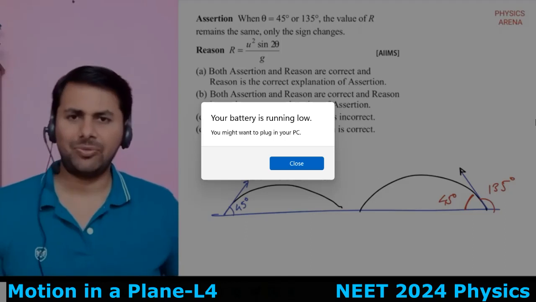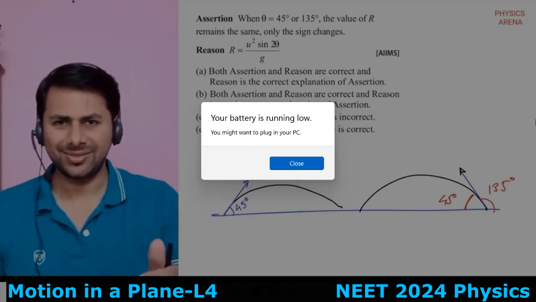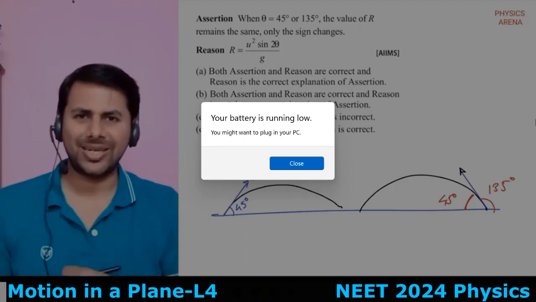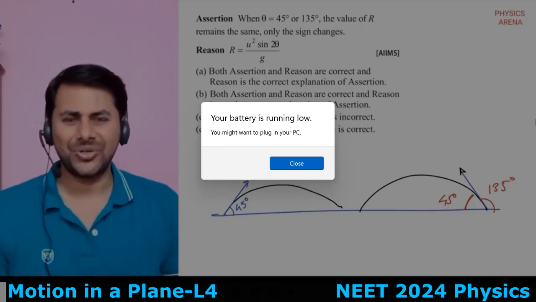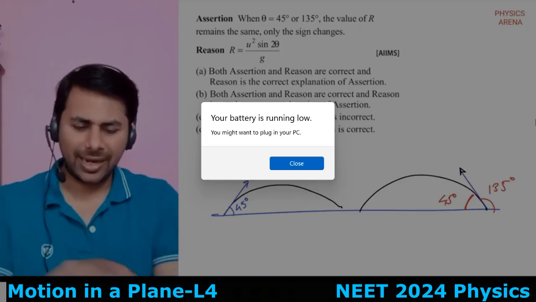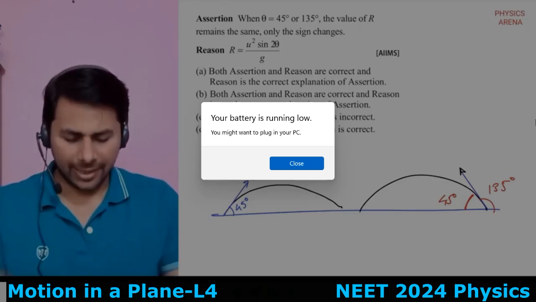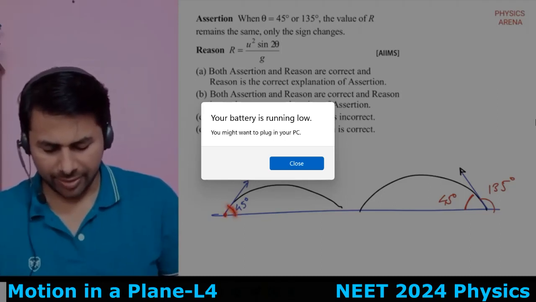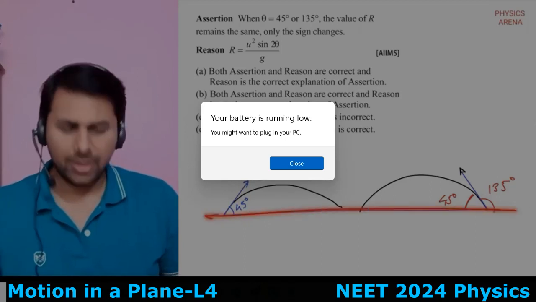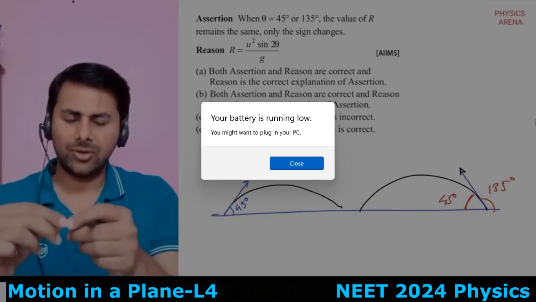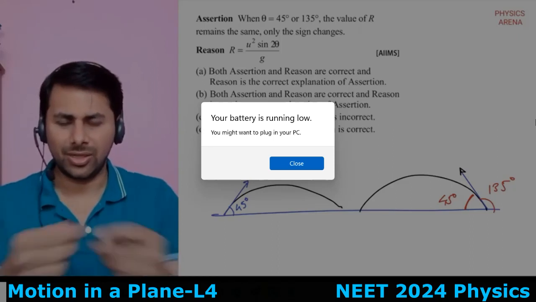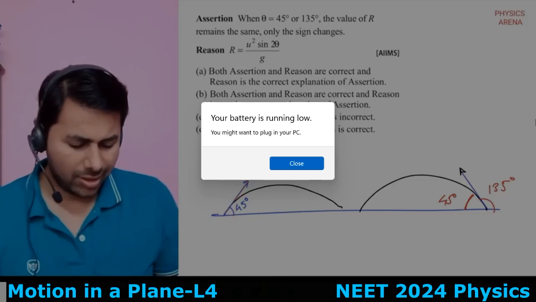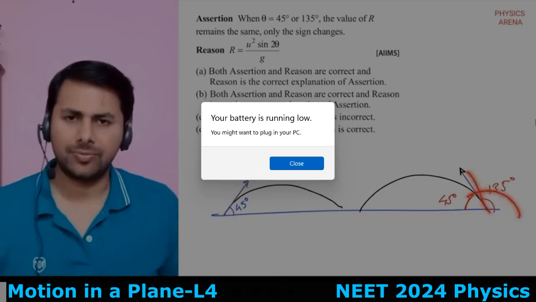Right. So does it matter in what direction you are throwing that projectile? For the distance, does it matter? You cover it in forward direction, backward direction, in this direction, that direction. Range will be equal if the angle with which you are throwing it is equal. Here you have just drawn an axis, and with respect to this axis, this is 45 and this is 135.